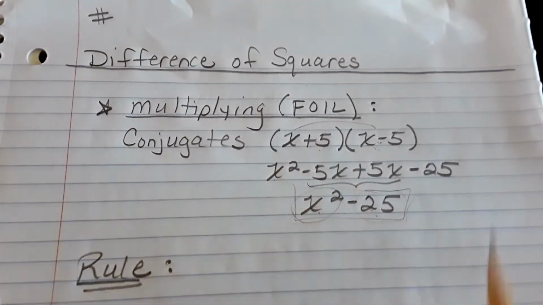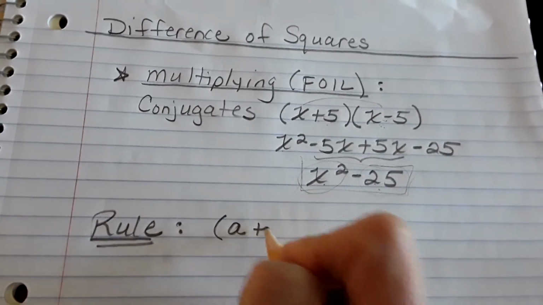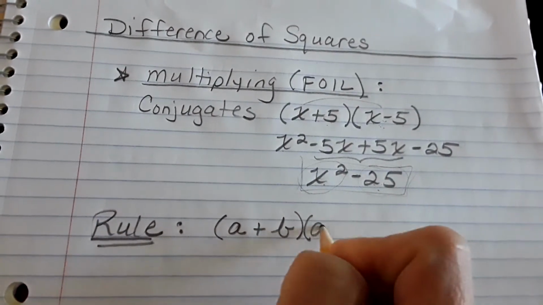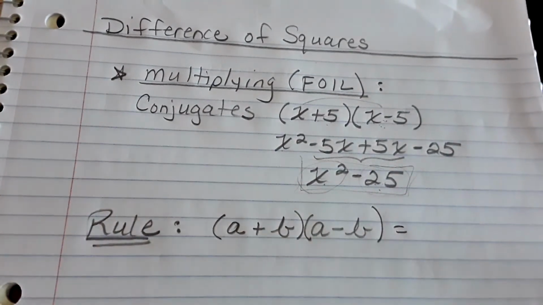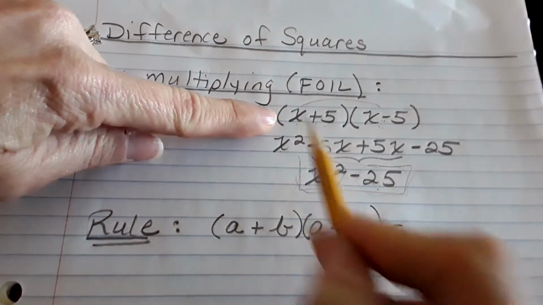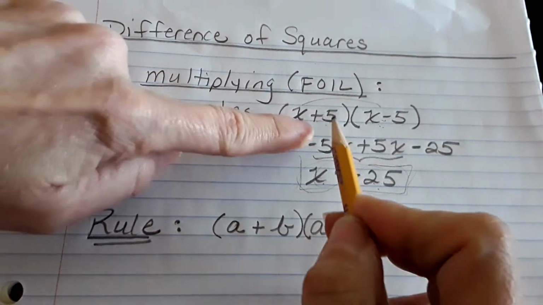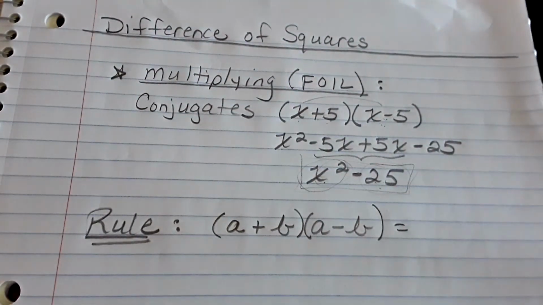Okay, let's talk about the multiplying rule. If you are multiplying conjugates, okay, there's an example of two conjugates. You can go through the entire FOIL process, first, outer, inner, last, but the shortcut is take the first term and square it, and then take the last term and square it, and it will always be a minus in between.